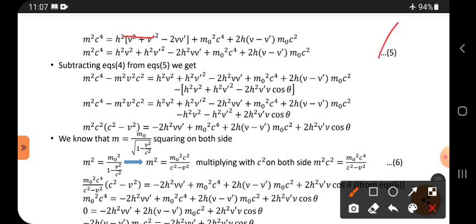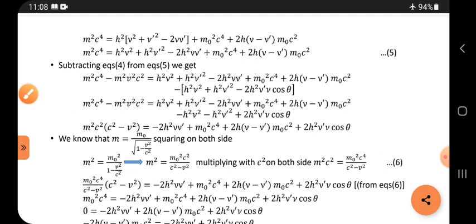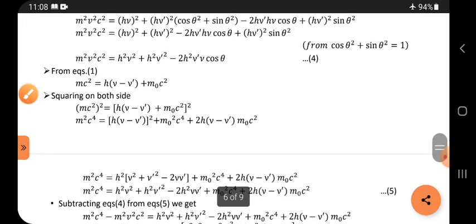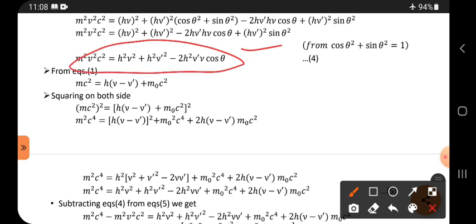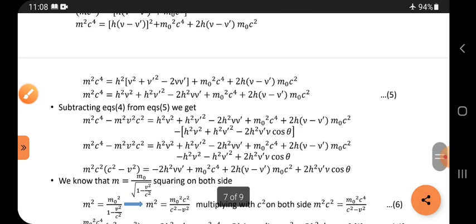Now let it be equation 5, subtracting equation 4 from equation 5. So subtract the equation 4 value from this, that means equation 5 minus equation 4. So what is equation 4? This is equation 4. And equation 5 is what?